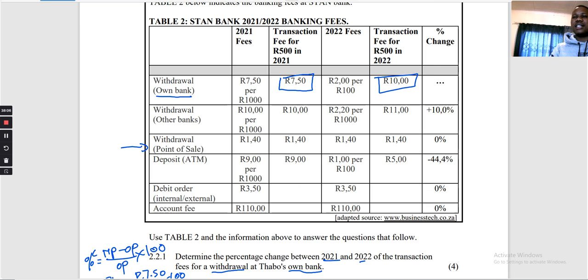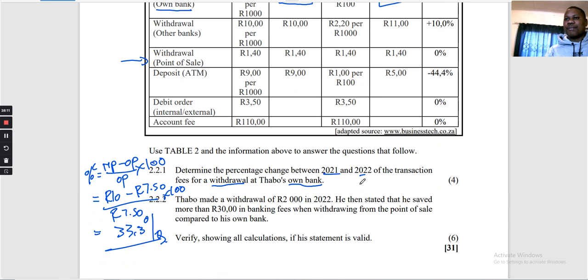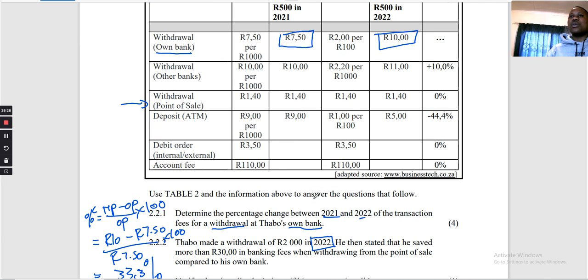This is the row that we are going to look at. And then what else are we going to check? We're going to check which year? 2022. We look at 2022 when we compare withdrawing from the point of sale with his own bank.